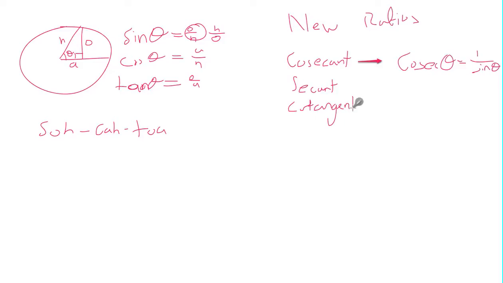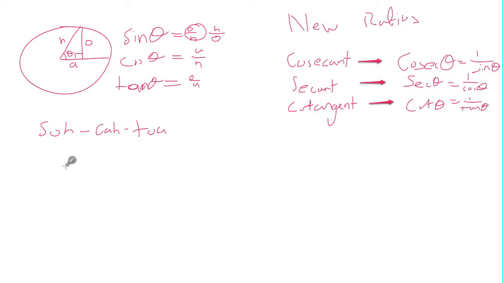So then you would have sec theta and cot theta, and as you guessed, as it is a reciprocal, it is 1 over cos theta, and then 1 over tan theta. Sorry that my drawings are a bit crude, but I've only got a mouse, and it'll get better over time, I guess.